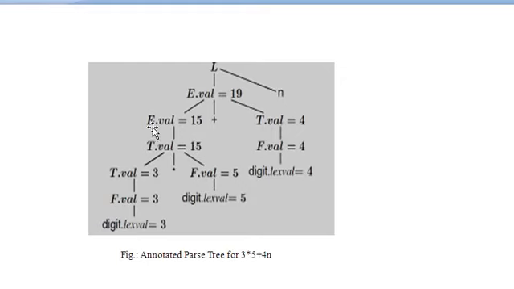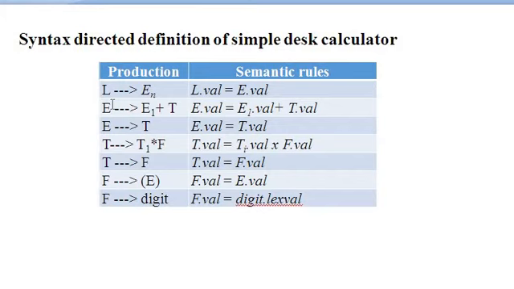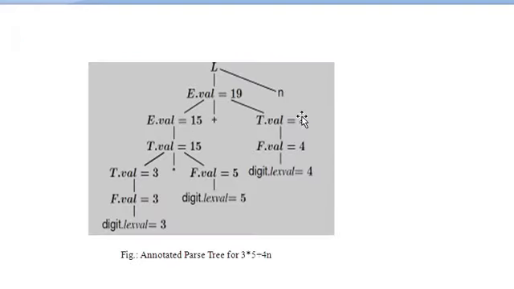Now you have a production like E plus T. E dot value is equal to 15 plus T dot value is equal to 4. Do you have any production like E plus T? Yes, E gives E1 plus T. So E1 dot value plus T dot value is stored in E dot value. So 15 plus 4, which is 19, is stored in E dot value. So E dot value is equal to 19.